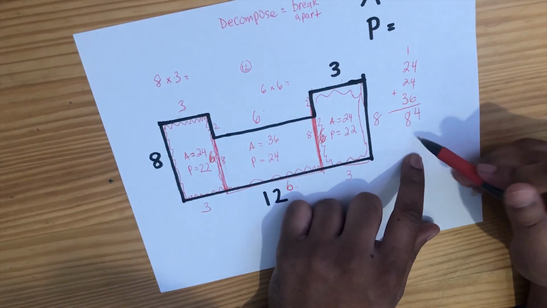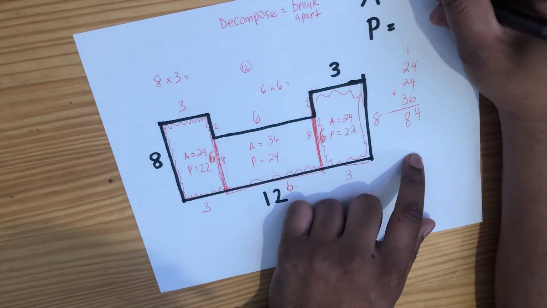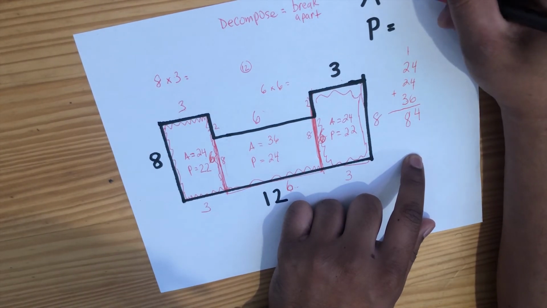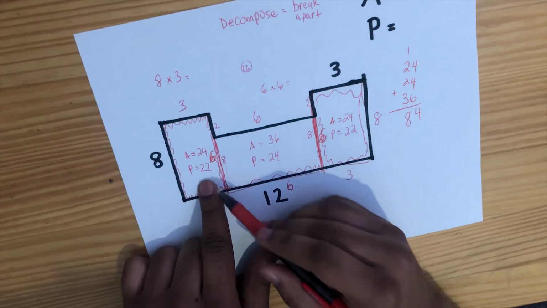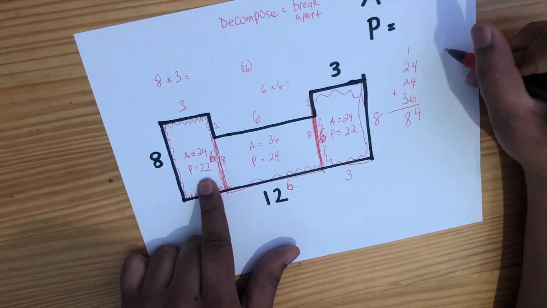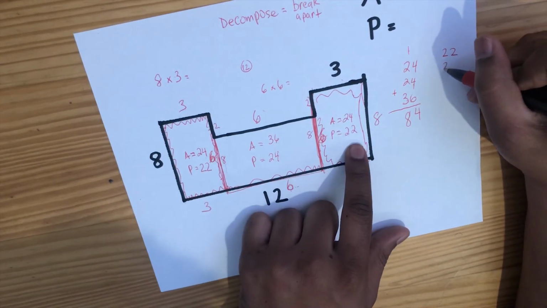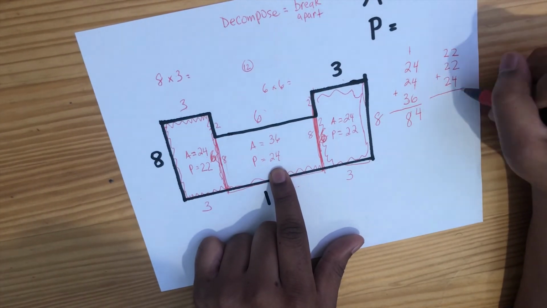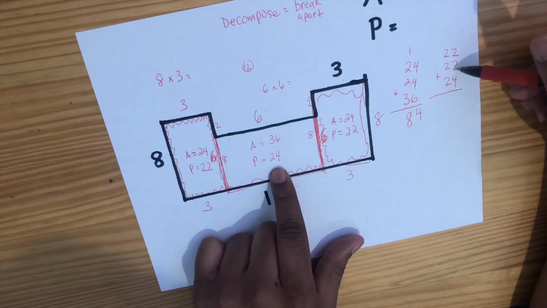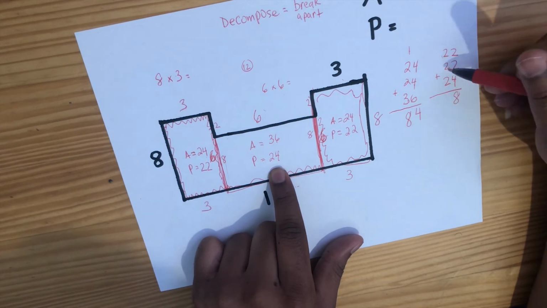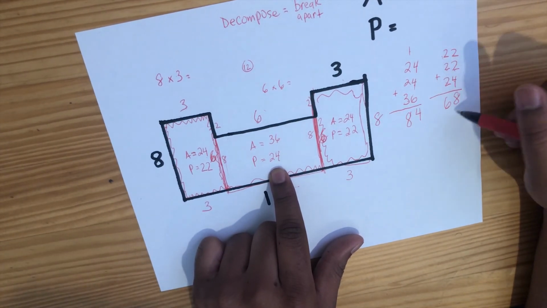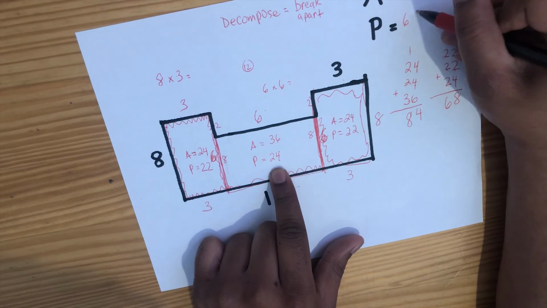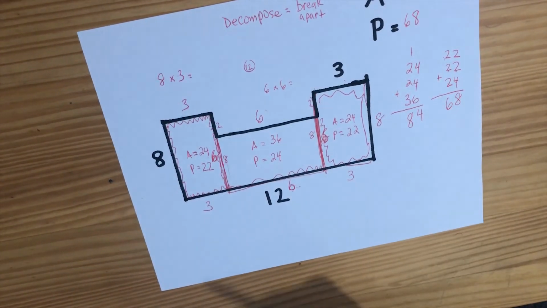The area for this shape is 84 in total. For the perimeter, I have 22 plus 22 plus 24. 4 plus 2 is 6, plus 2 more is 8. 2 plus 2 plus 2 is 6. The perimeter for this shape in total is 68.